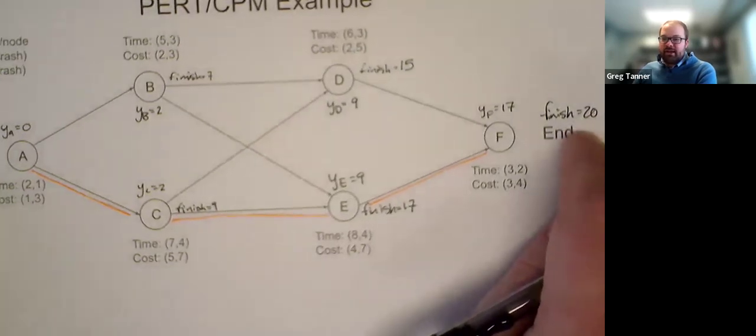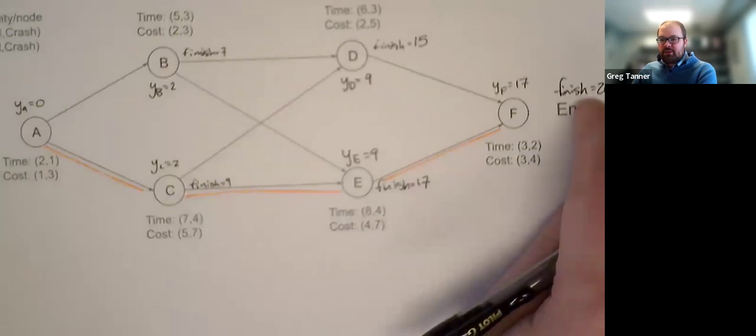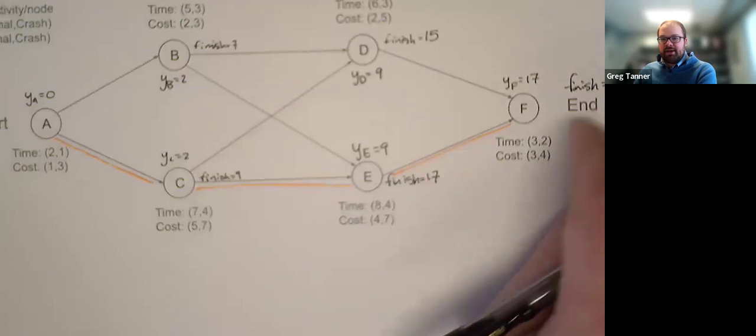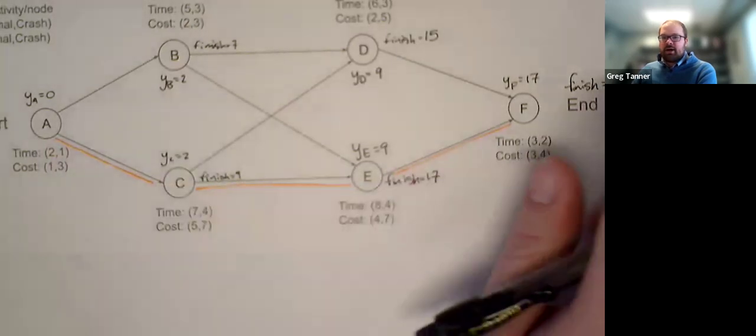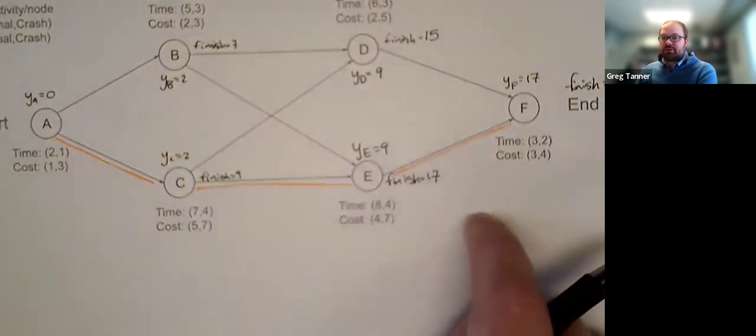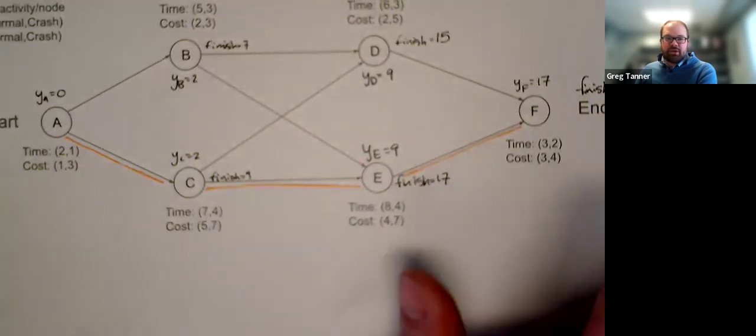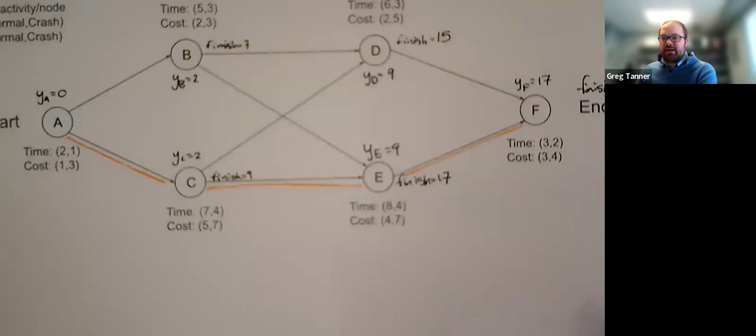Maybe we've got a deadline and the deadline is sooner than 20. That's going to be essentially one of our constraints, and our goal is to minimize the total cost of the project, which will include the normal costs as well as any crashing costs that we incur.